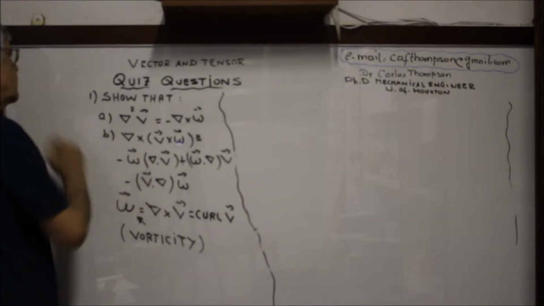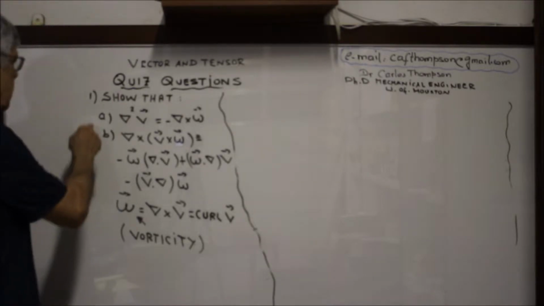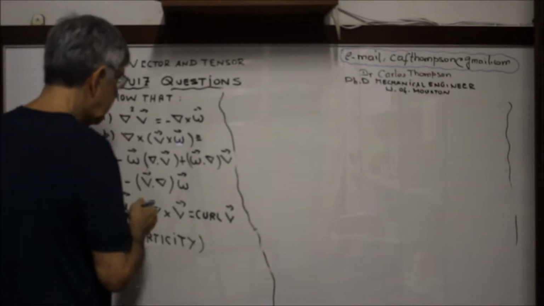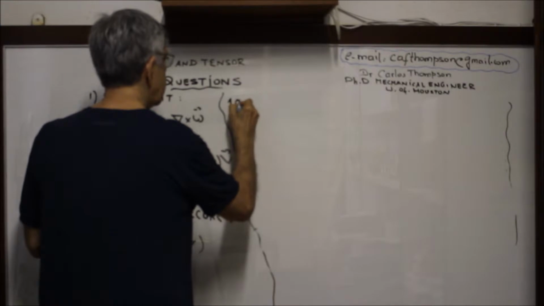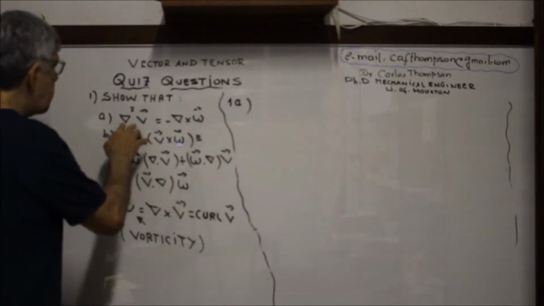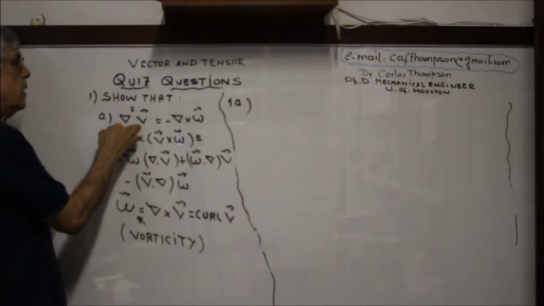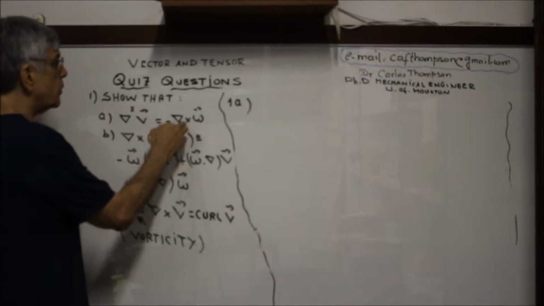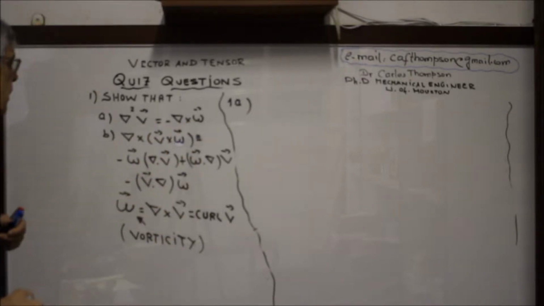Now let's solve 1A. Now, Laplacian of vector V is equal to minus the rotational of vorticity.